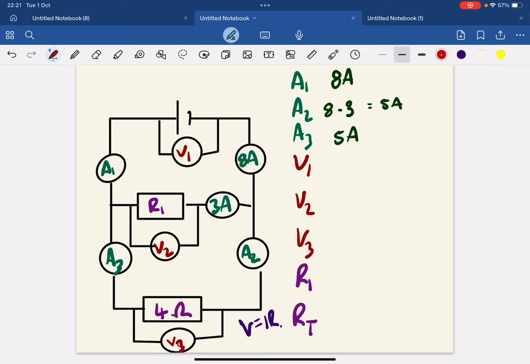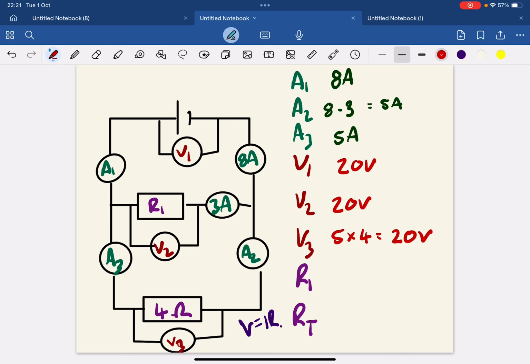Well, it's going to be A2 and A3. It's the same. That's 5. And we need to times that by our resistance, which is going to be 4, which is going to be 20 volts. And it's a parallel circuit, so we know that V2 and V1 are also going to be 20 volts. We can then look at our resistors.